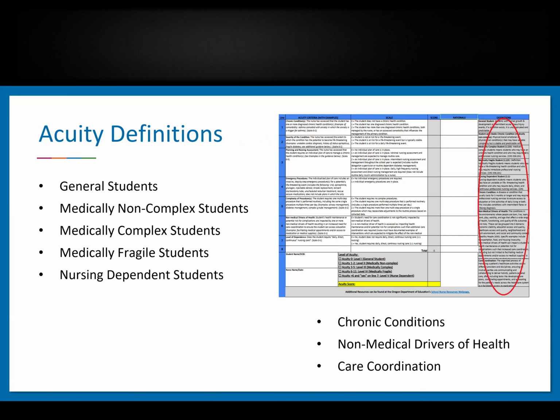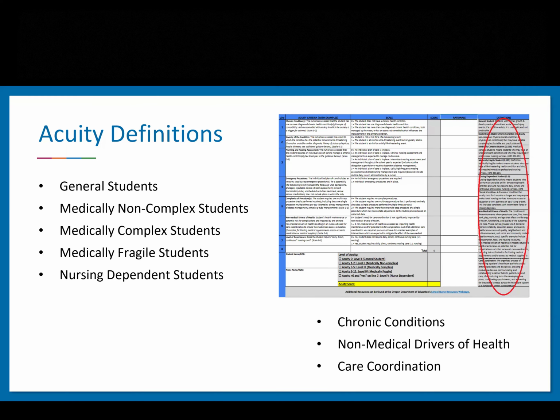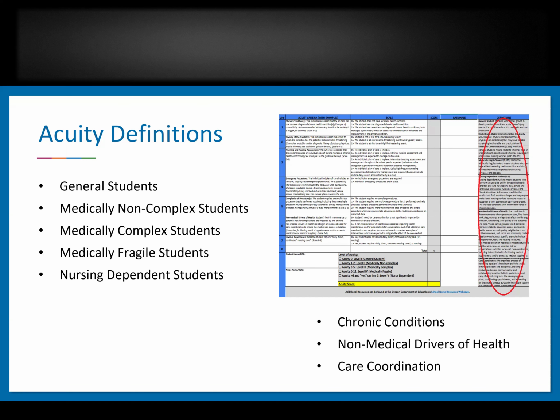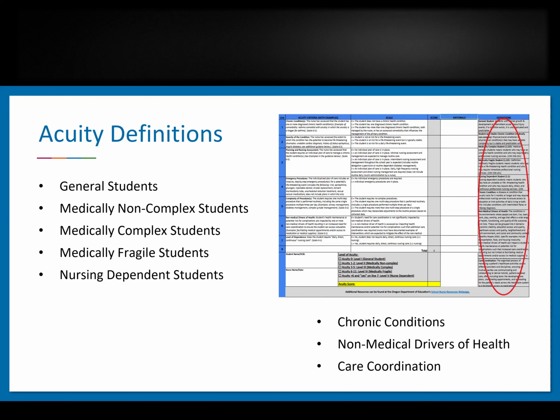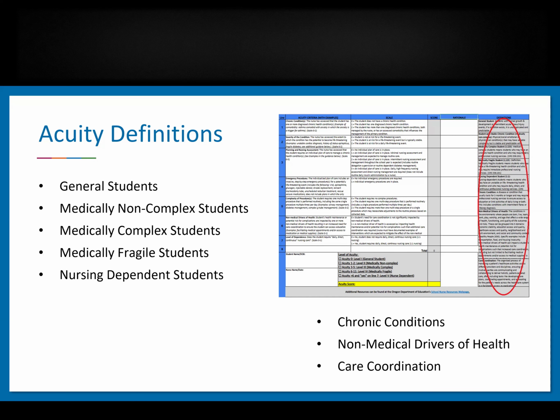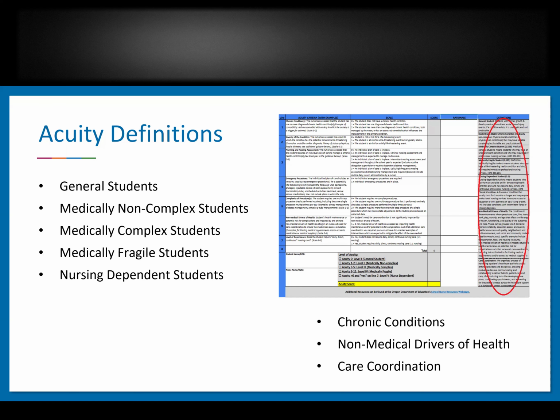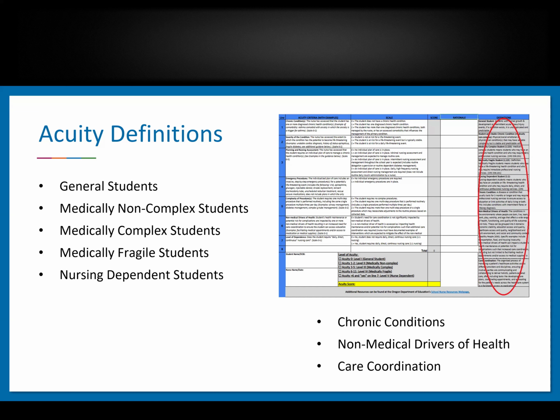It is important to be familiar with the definitions in statute. Original definitions are used in the tool, and they're located on the main page of the document. We're going to go into greater depth on these as they apply to acuity criteria while we go through the description of the tool. There are slides in this slide deck with the definitions of each category as well.